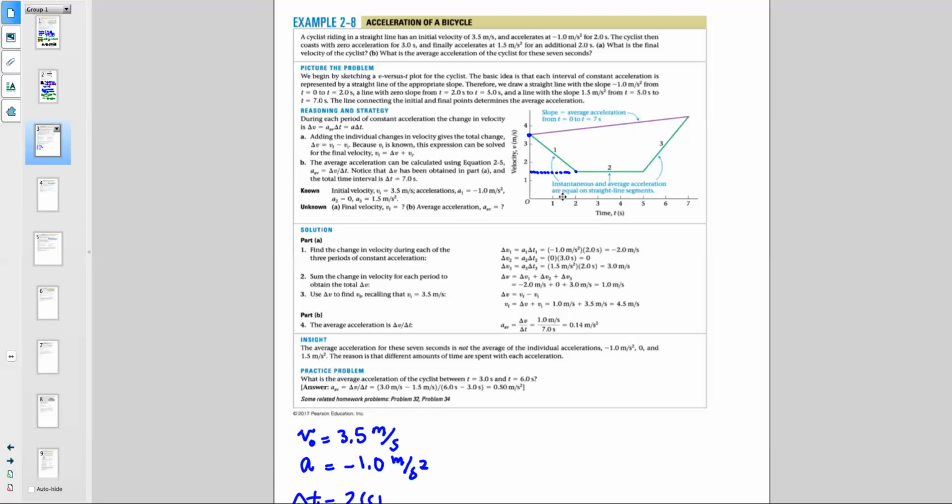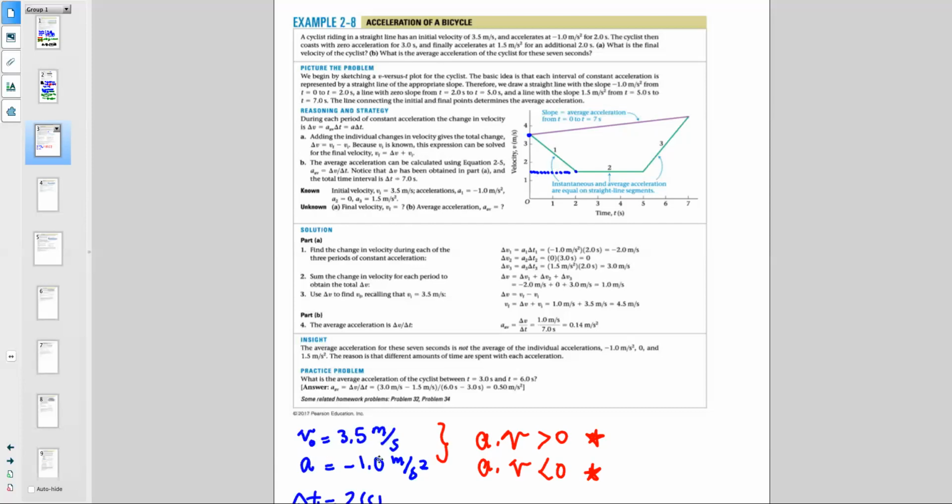-1. Now, remember from the second chapter, I told you if you multiply a and v and get a positive number, that means you're accelerating. If you get a negative number, that means you're decelerating, slowing down. So which one is that?